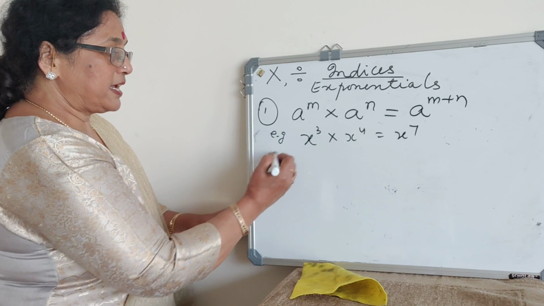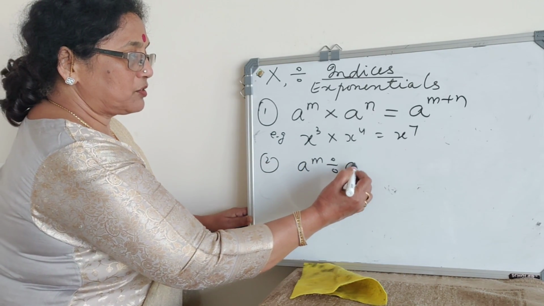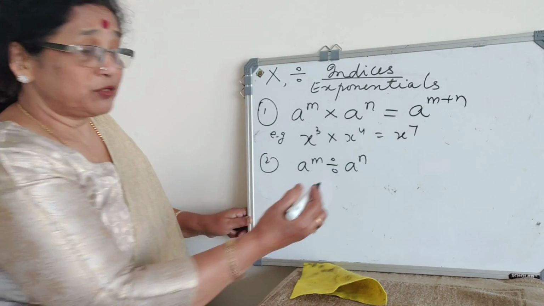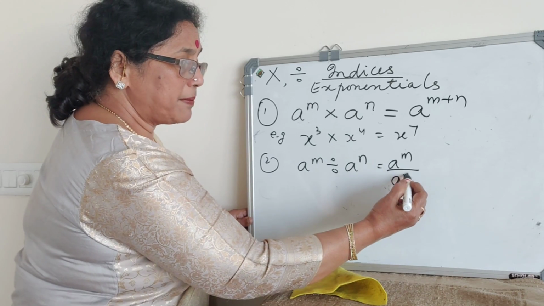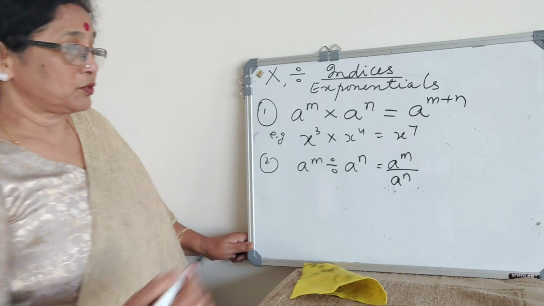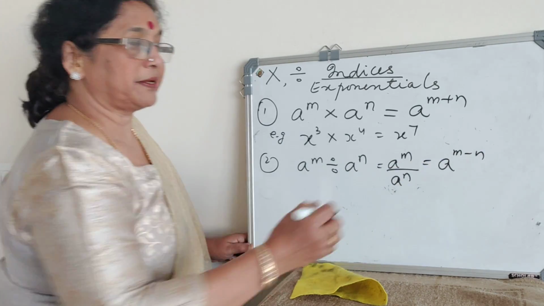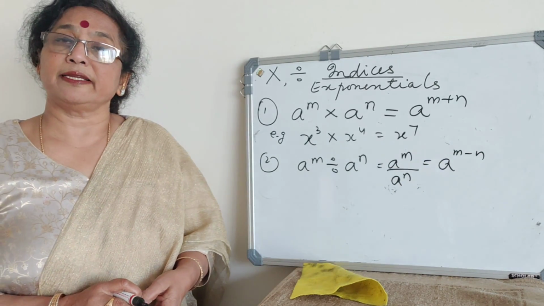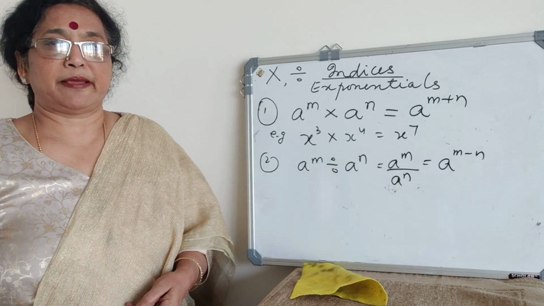Second one is a to the power of m divided by a to the power of n, which can also be written as a fraction. This means a to the power of m minus n. The confusion lies in whether it is m minus n or n minus m.